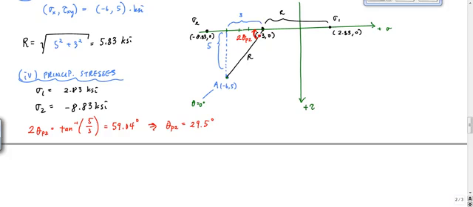And then theta P1 is just really the opposite of this right here, 180 minus 59.04, or 90 degrees from 29.5 or something like that. You could calculate that angle very quickly from 180 minus 59.04, which would give you something like 120, or something close to that.